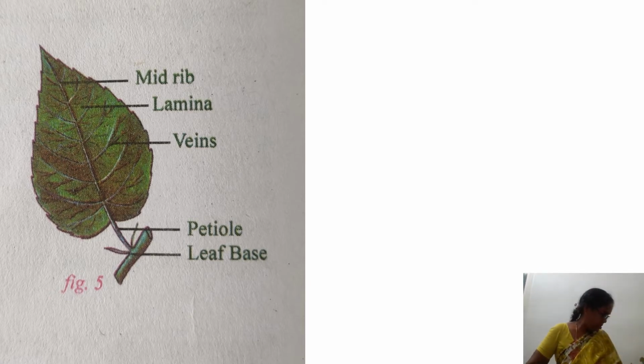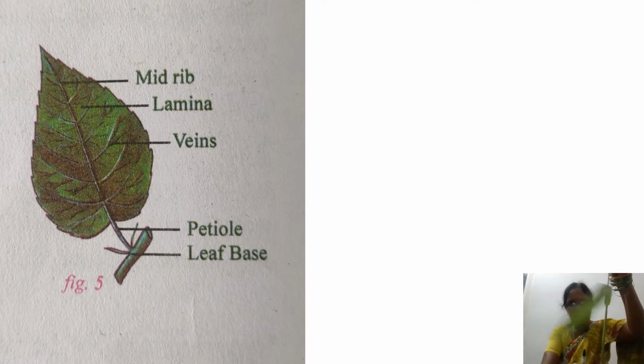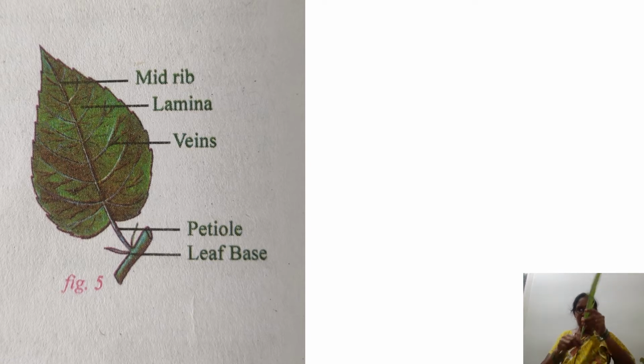Look at this leaf. This is a grass plant. Look at the leaf of the grass plant.